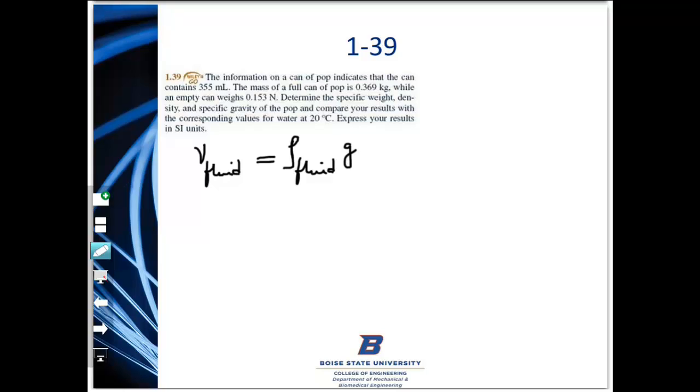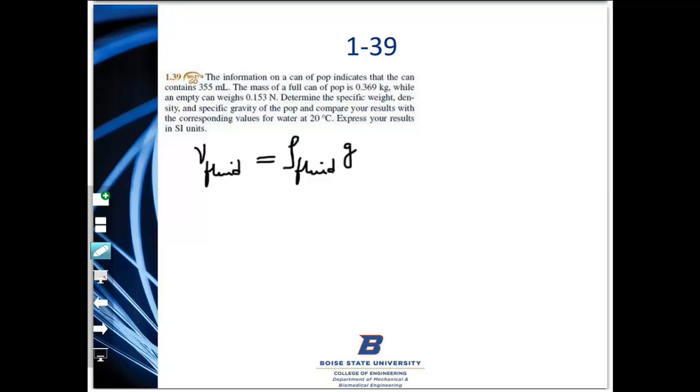Okay. And I know that we are given volume of fluid, right? And I can also figure out a way of finding the weight of the fluid, right?